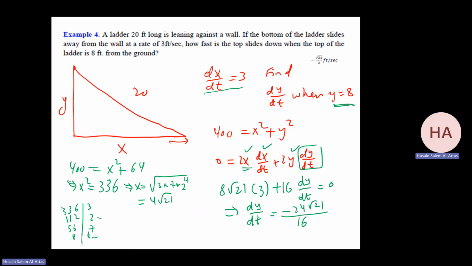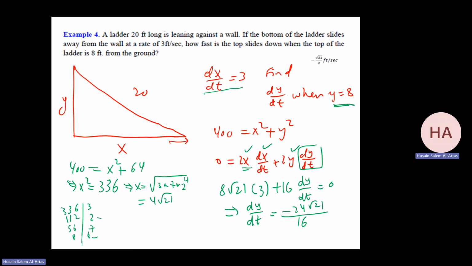This is 7 times 8, so 4 square root of 21.